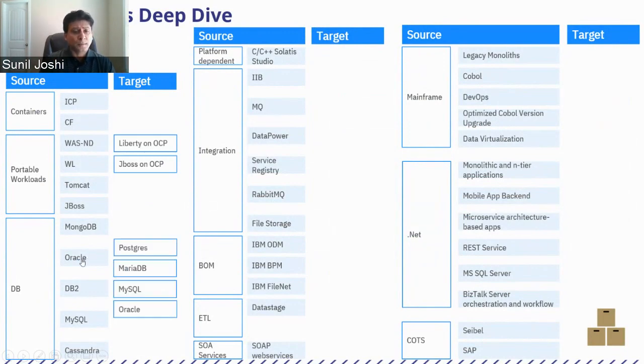I have seen patterns from an Oracle going into either a Postgres type of situation where possible, or other as a service type of pattern, right? I mean, I can click through a few more things over here, but I'm just giving you some examples of the likely patterns that we see when we get into a deeper dive of the application components itself, right?